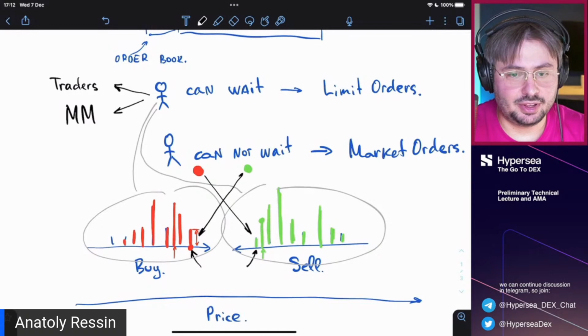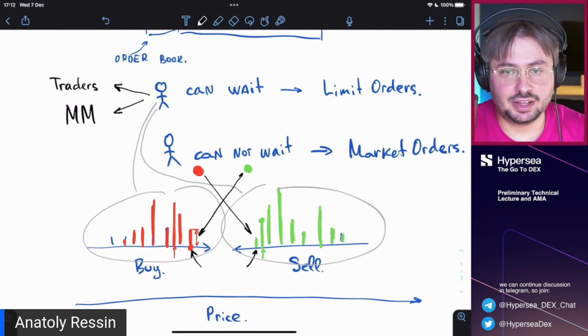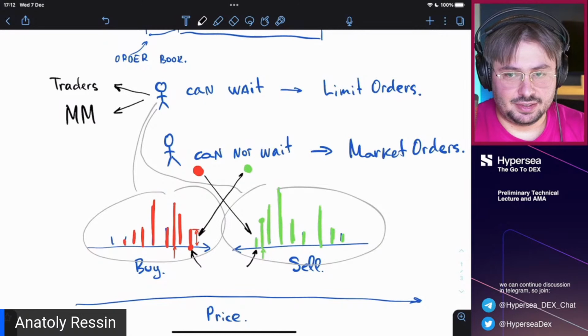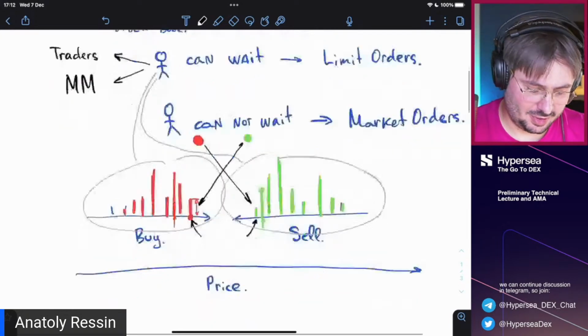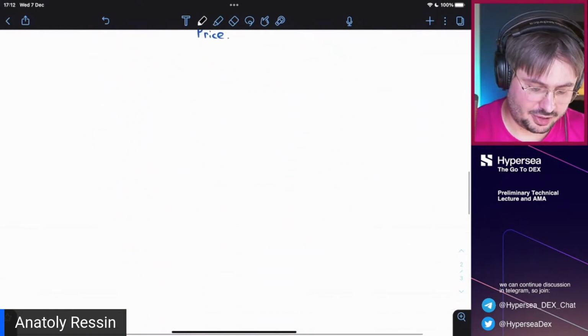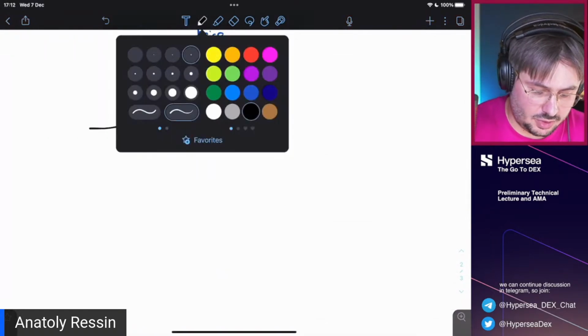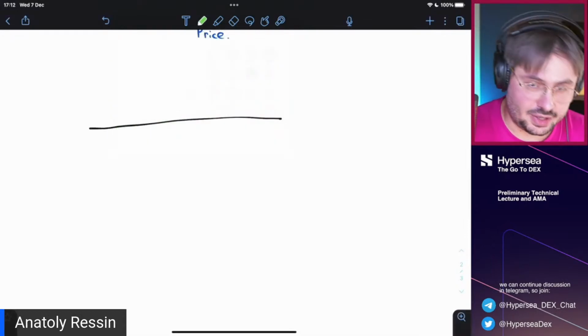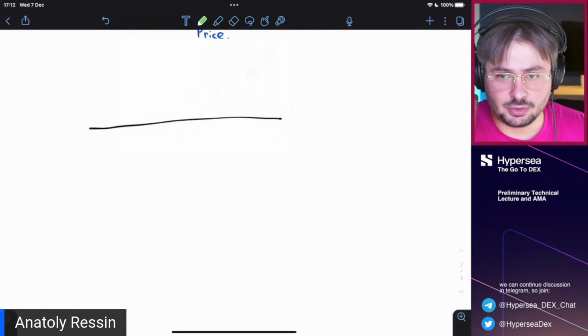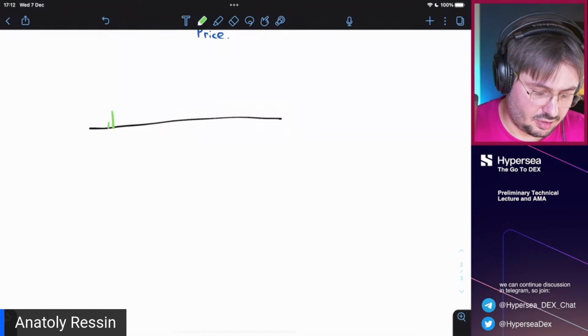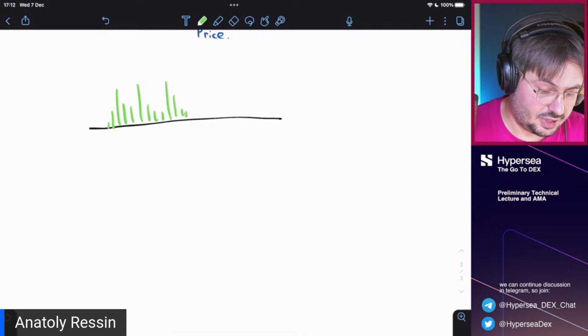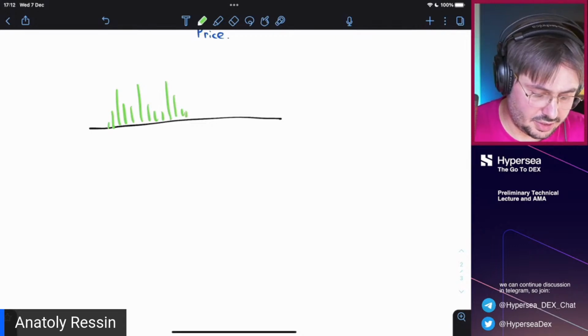If we try to separate their orders, we will see some orders, and I will draw these orders in a non-aggregated way, for example, something like this.